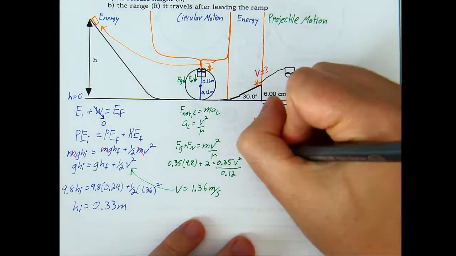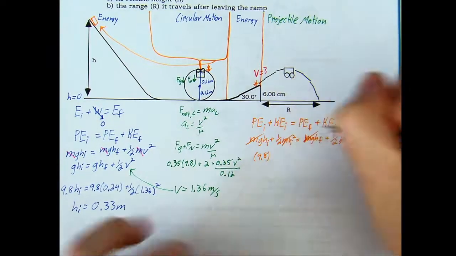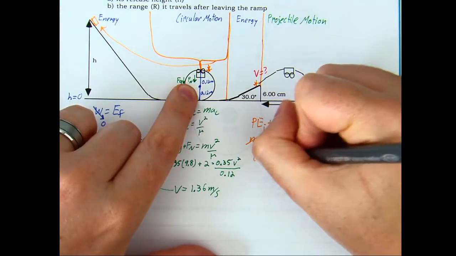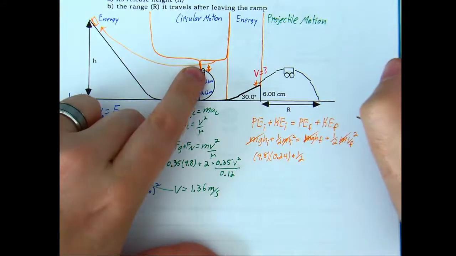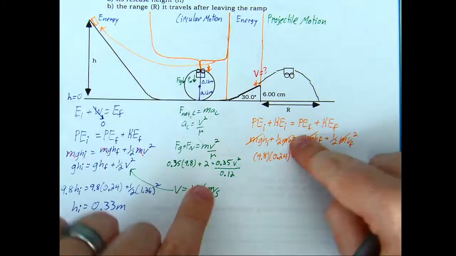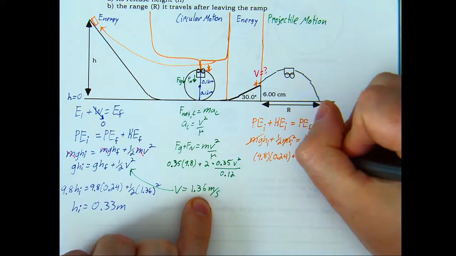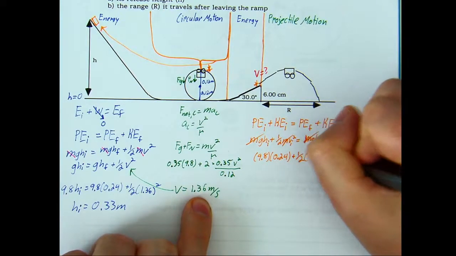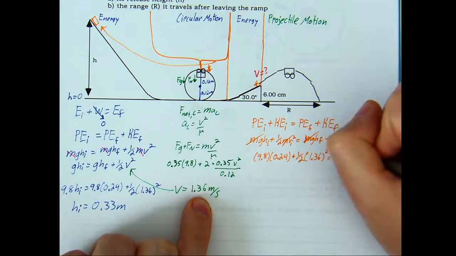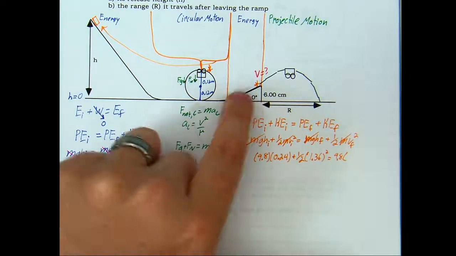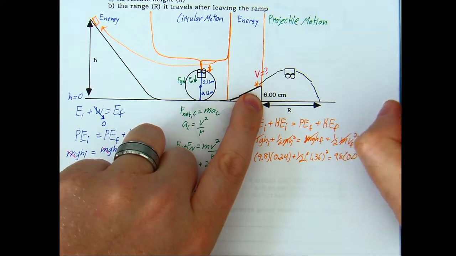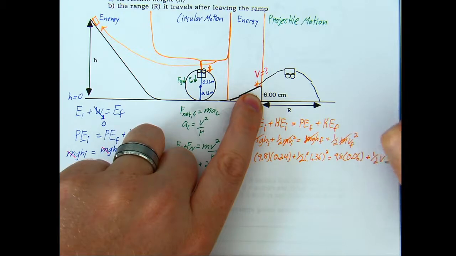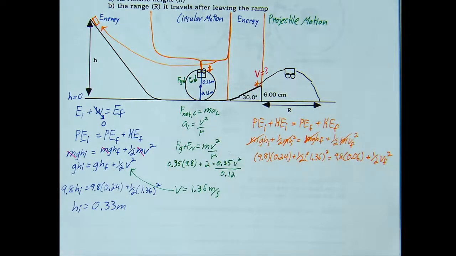So we're going to get g is 9.8, the initial height is 0.24, plus 1/2. We know the velocity at this point that we're calling the initial now for the energy section was 1.36, squared, and that's going to equal 9.8. The final height here is 6 centimeters, so 0.06 meters, plus 1/2 v final squared.